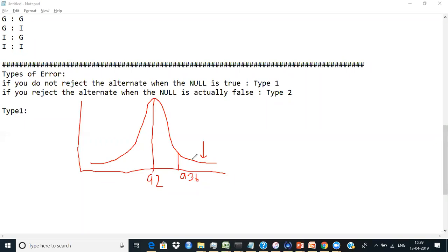But still there is a probability that he is innocent, however small. That is your type 1 error. So the p-value is a measure of type 1 error. If it is less than a certain value, we reject the null.